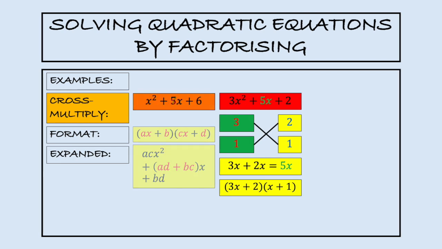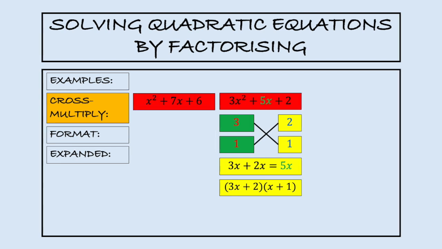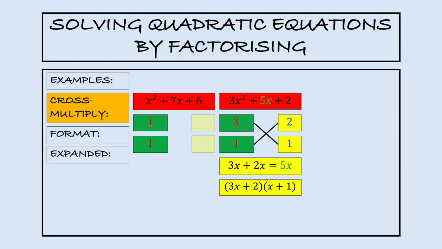Take the quadratic x squared plus 7x plus 6. The x squared can only be separated into x and x. Thus, the question now remains: what factors of 6, when added together, result in 7? 2 times 3 equals 6.